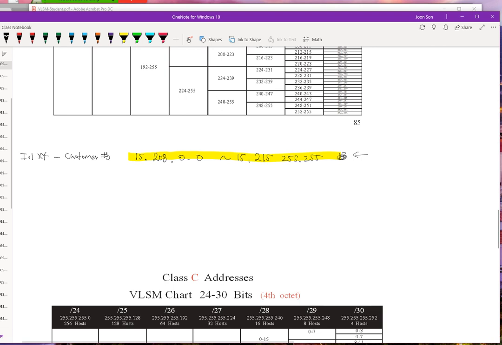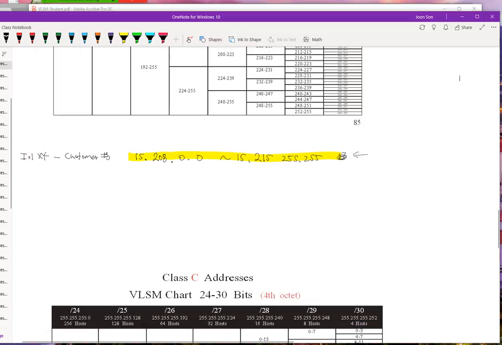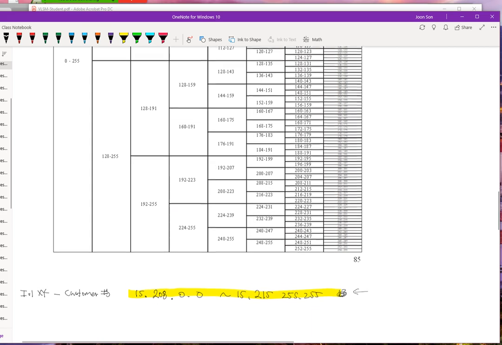First, the client number 1. If you look at this requirement, client number 1 requires this many IP addresses, 75,000.